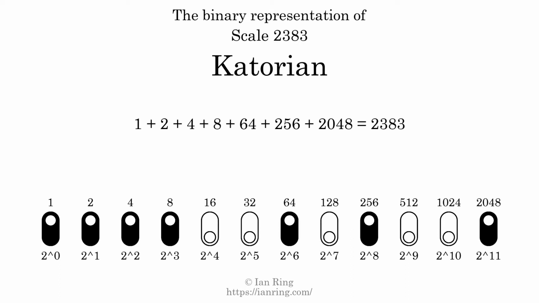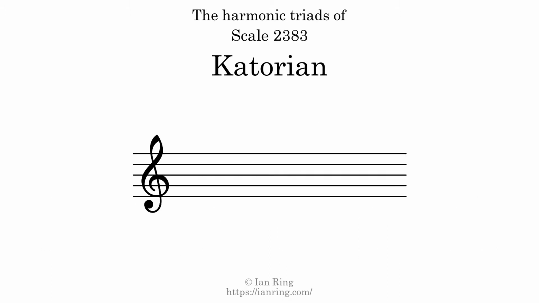That is why the scale number, in decimal, is 2383. The scale number not only enumerates the scale with a unique index, but it also literally describes the tonal content of the scale. Represented as a binary number in base 2, the scale number is 1001010011111.